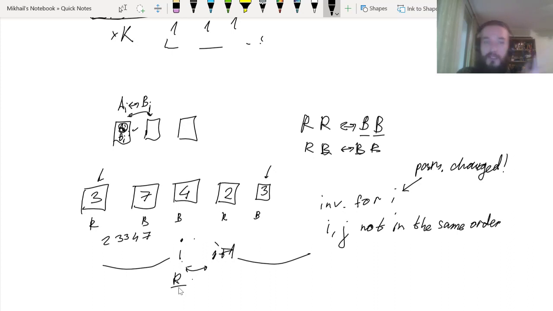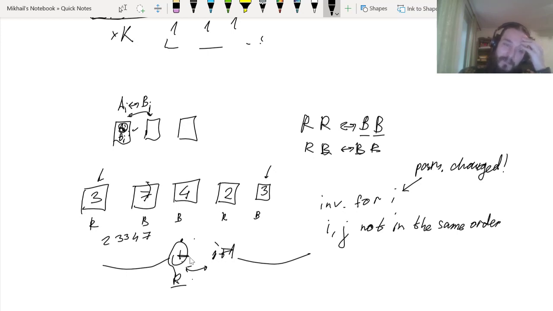But what also changes simultaneously with the parity, it's even simpler. The parity of the position of this card changes.